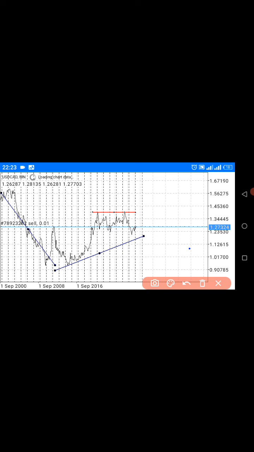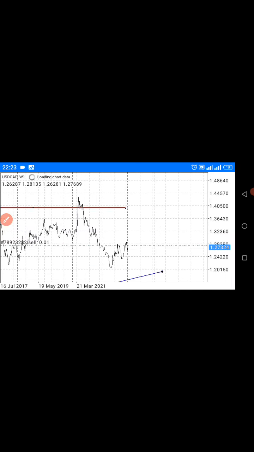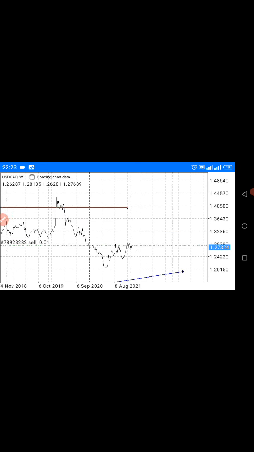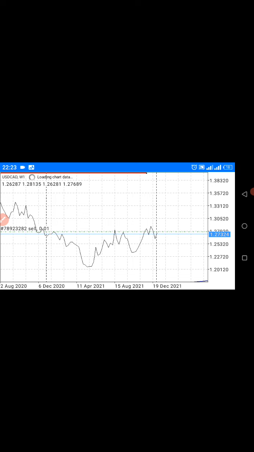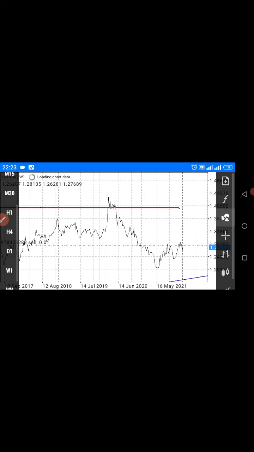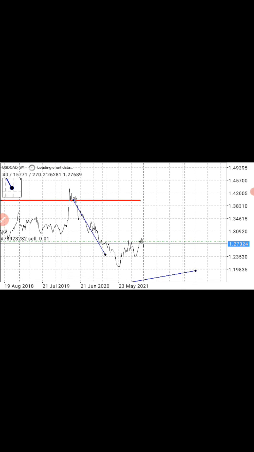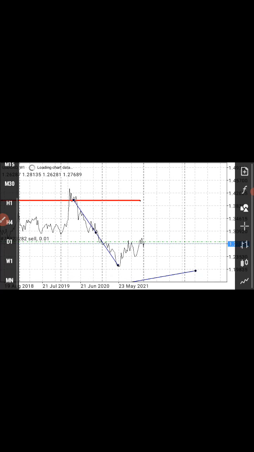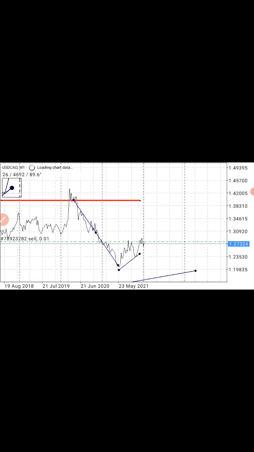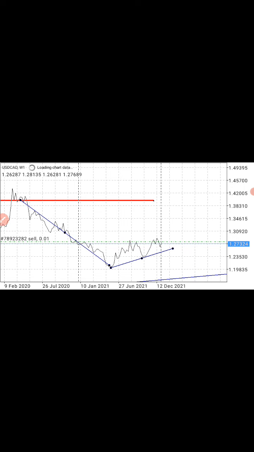So you can see it. Maybe let's go to another. Let's go to weekly. Maybe we can see this. In the weekly chart, the market is impulsive down. After that, we start having some form of corrective movement here.